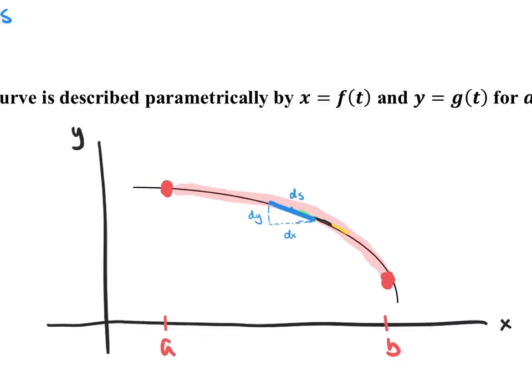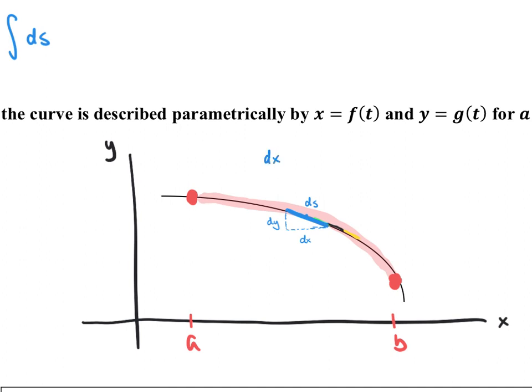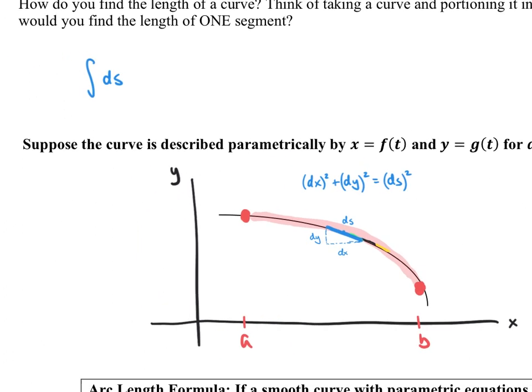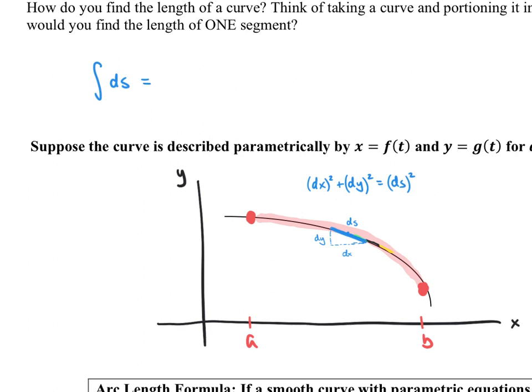So dx squared plus dy squared gives us ds squared. Back to our integral, we want to integrate ds, so we solve for ds, which is the square root of dx squared plus dy squared.